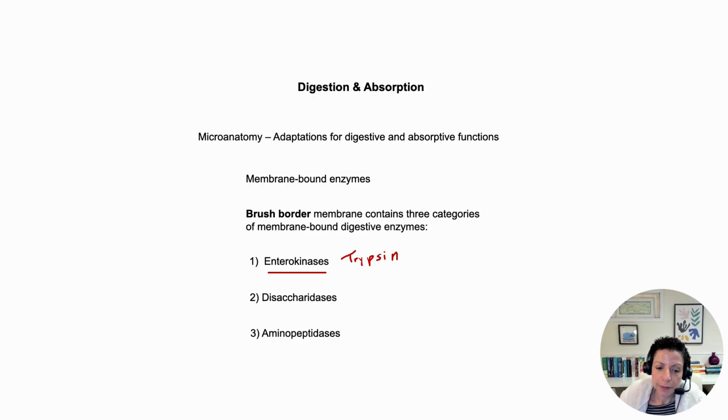Also bound to the brush border membrane are the disaccharidases: sucrase, maltase, and lactase. And then we also have aminopeptidase, the last enzyme to break down proteins. Aminopeptidase broke down those small polypeptide fragments after all of the other proteolytic enzymes broke up the larger protein.